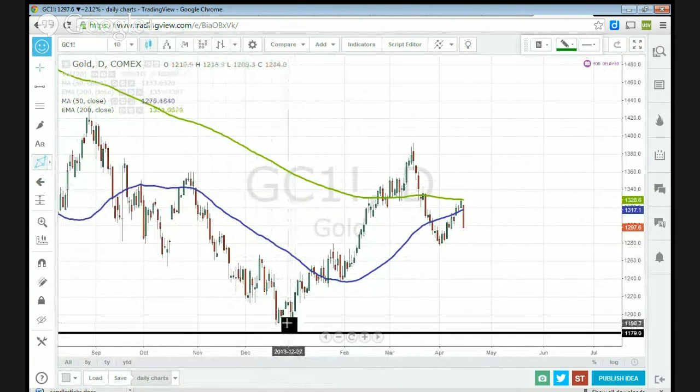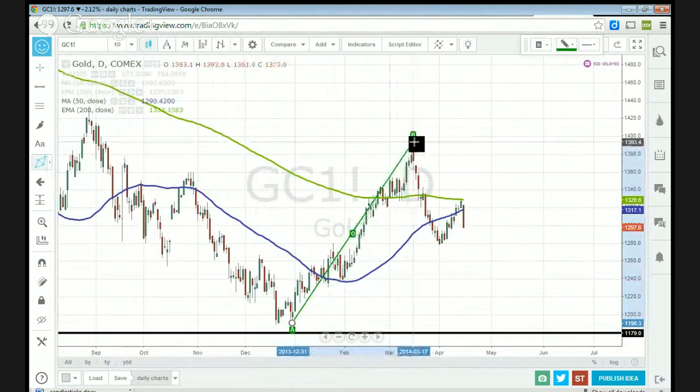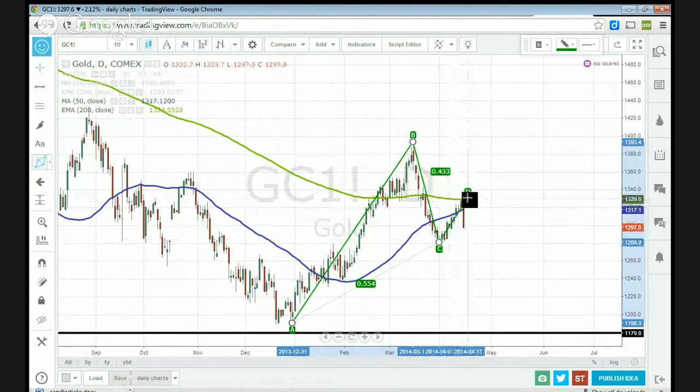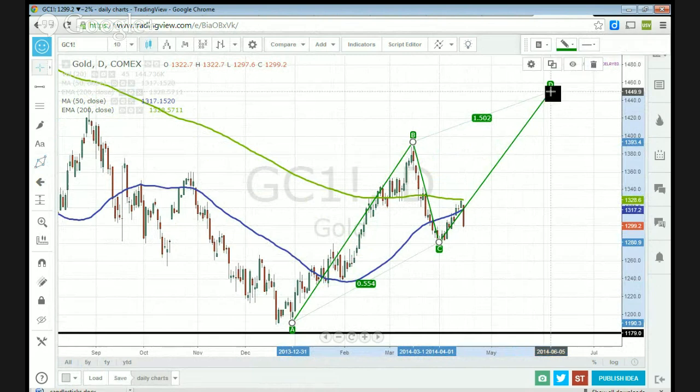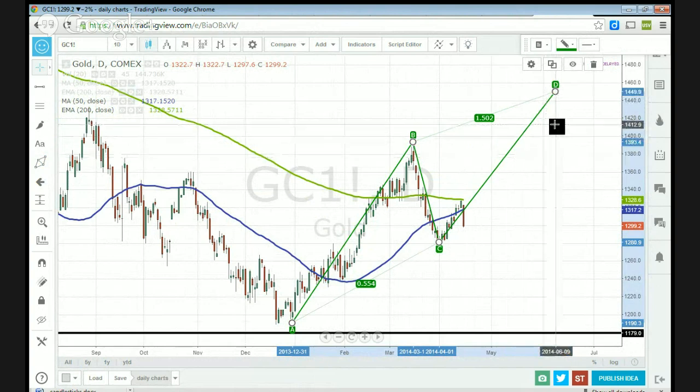We can go A, B, C, and it's going to be somewhere around here, somewhere around 1450 basically, and it should be somewhere around 1450 in early June, right?